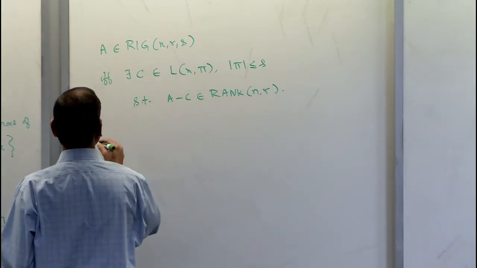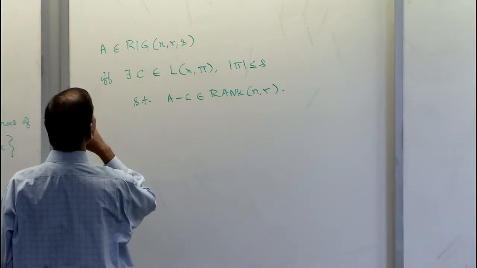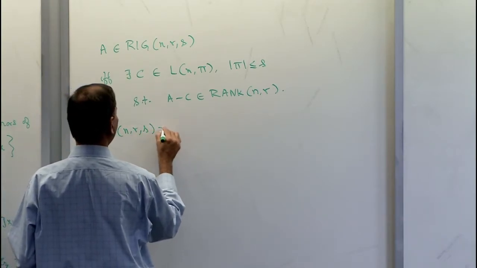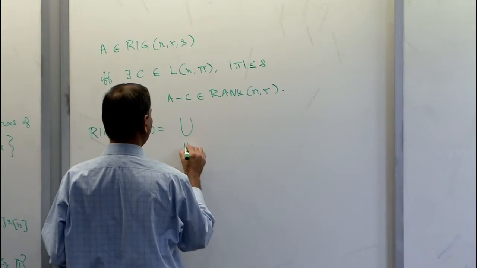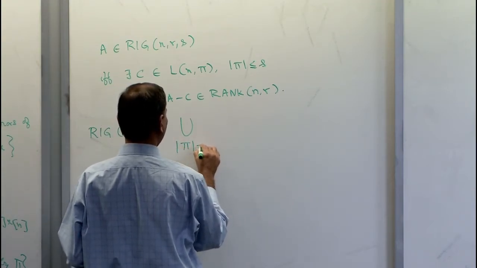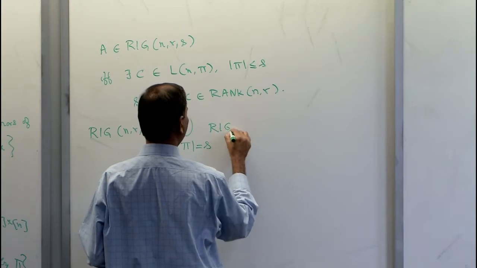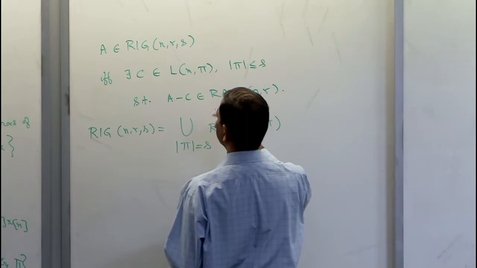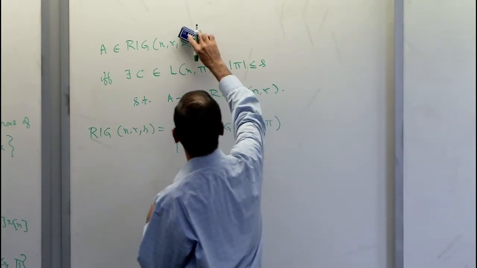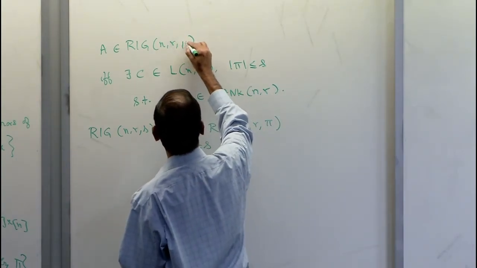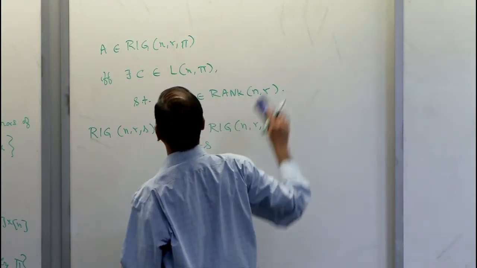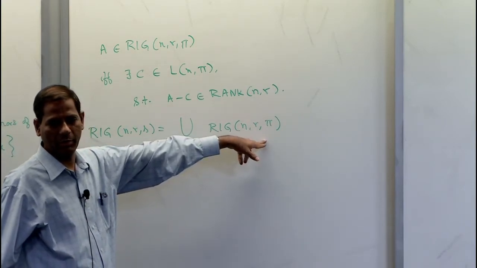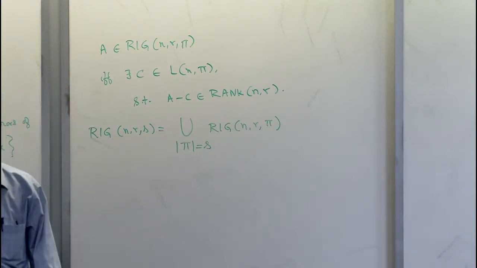Just for notational convenience, it's actually useful to fix pi, where the notation should be obvious. I'll just say pi here. Okay. All right. So by making changes in the pattern pi, you're able to reduce the rank to r.